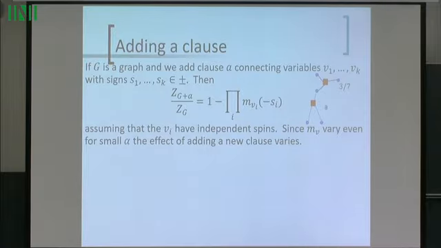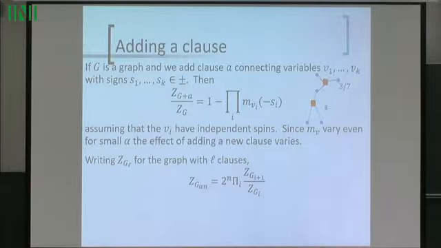So adding in a new clause will have a multiplicative effect on the total number of solutions. It will decrease it by some multiplicative amount, and by a random multiplicative amount. If we wrote the total number of solutions as a telescoping product, you can think of this as a product of these ratios, which are random variables.